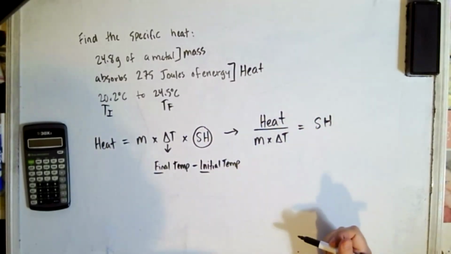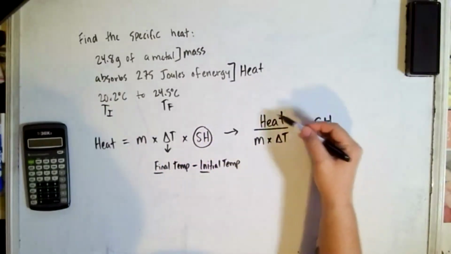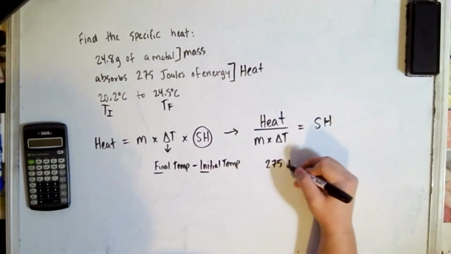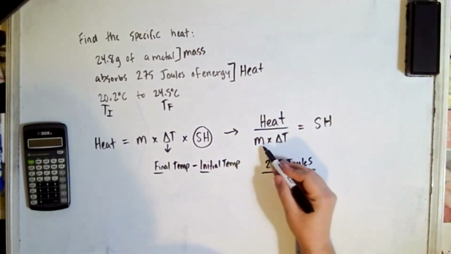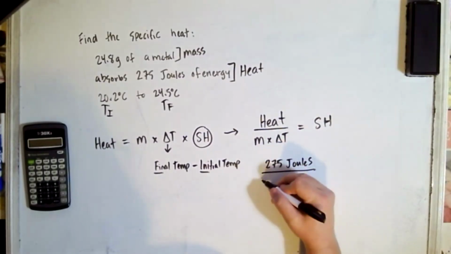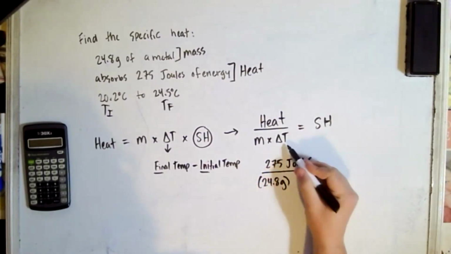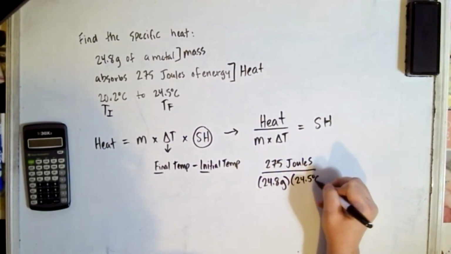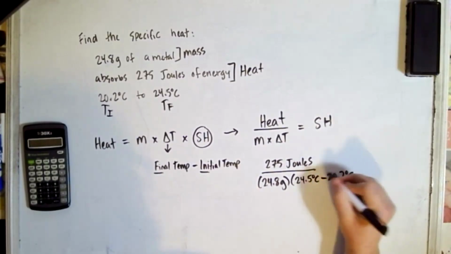Now we're going to plug in the values that we were given in the question. So our heat value is going to be our 275 joules. Our mass value is going to be 24.8 grams. And our delta T is going to be our 24.5 degrees Celsius minus 20.2 degrees Celsius.